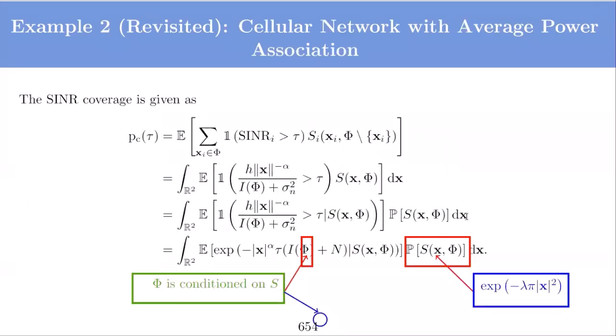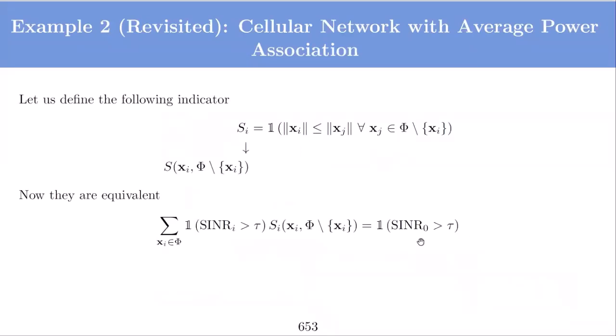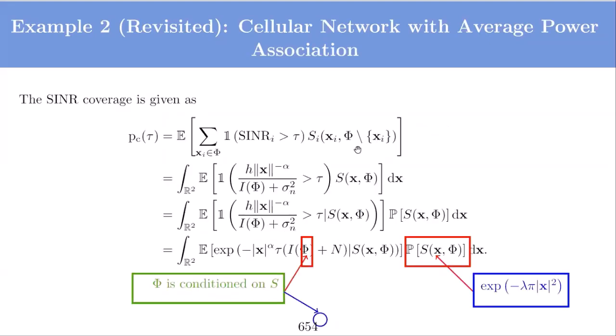Okay, so now it means I can equally write this in terms of this. So the probability of this is also the expectation of this, and therefore the coverage probability is given as the expectation of the summation of this term, right?